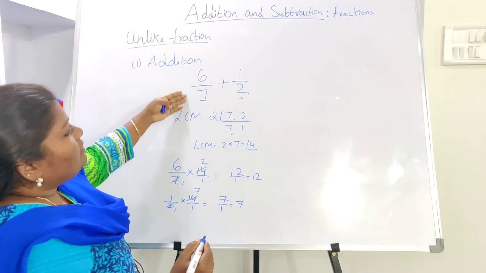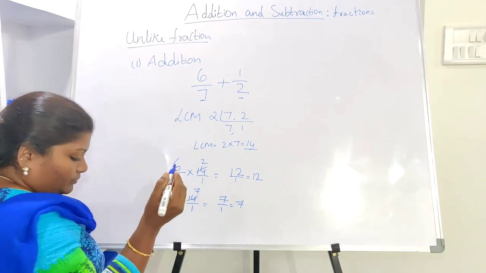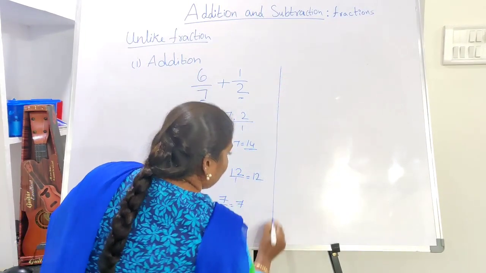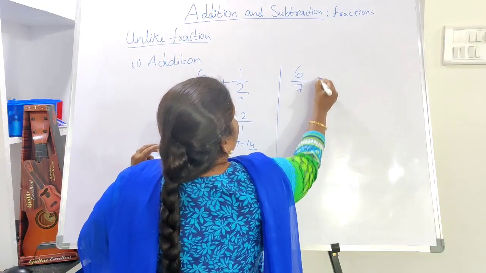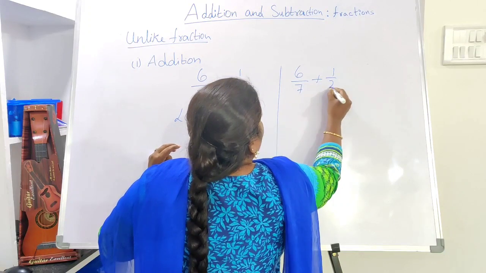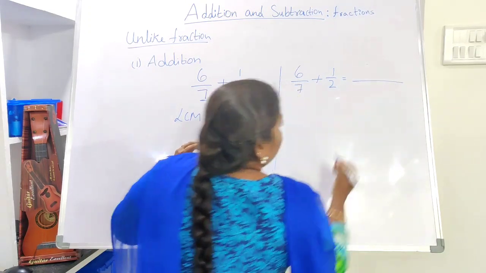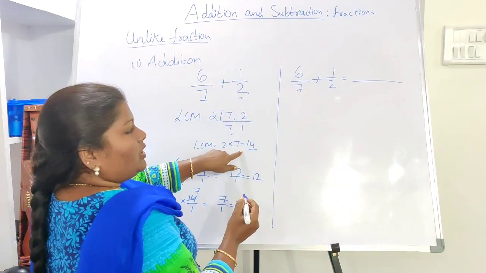Now just take down the question so that you will not get confused. 6 by 7 plus 1 by 2. What is the LCM we got? 14.